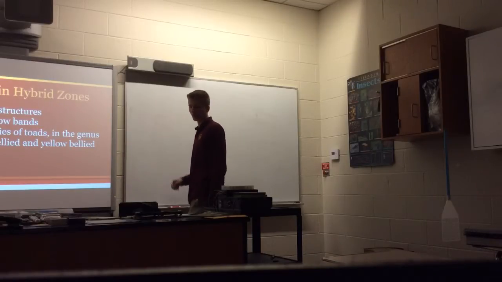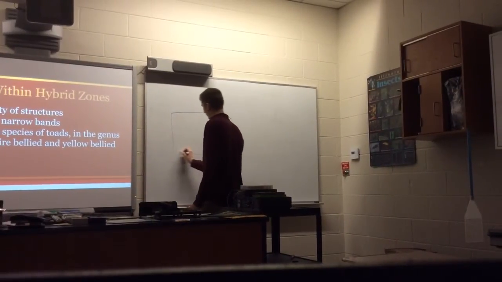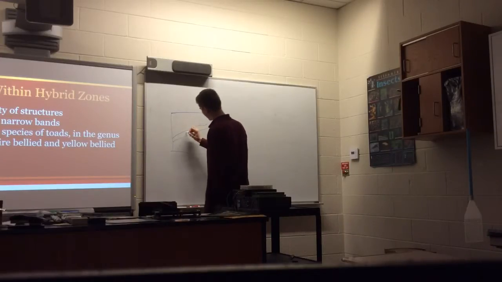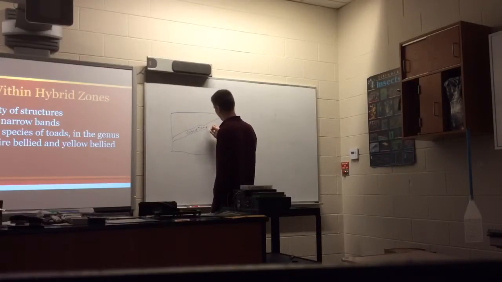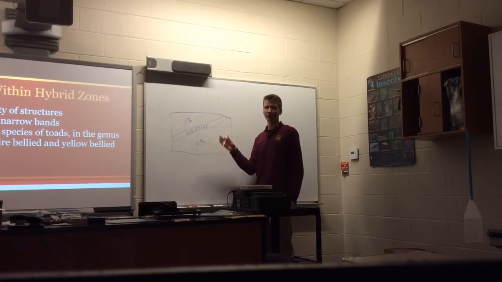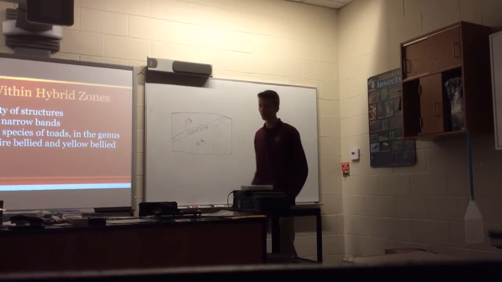An example of this narrow band would be fire-bellied and yellow-bellied toads in the genus Bombina. This would be what the hybrid zone would look like. This is where the yellow-bellied and the fire-bellied meet and mate and form hybrids.